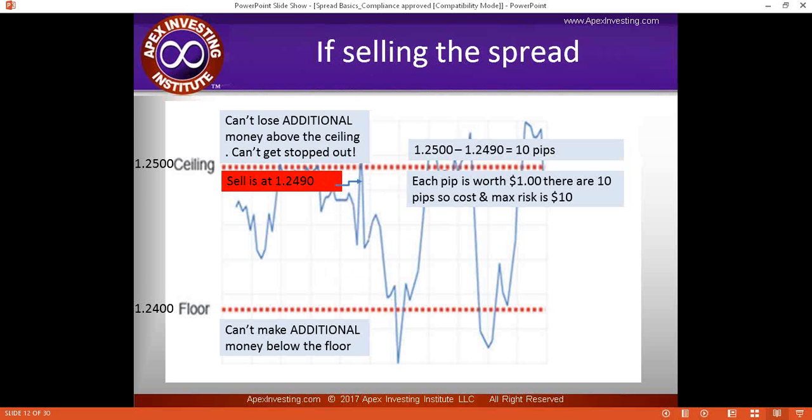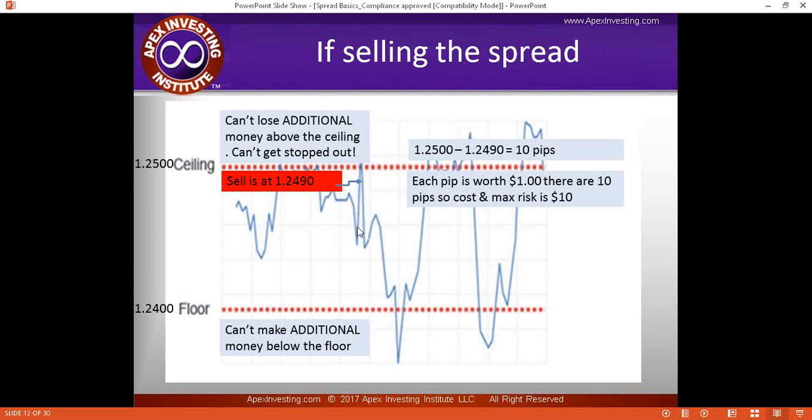So Cheryl says, I can only lose the difference between where I got in and the floor or ceiling. That's correct. If you're selling, meaning if you're selling to go down, Cheryl, then wherever you sell at, your risk is the difference of where you sell to the ceiling. So, quick example, class. Right here, this example is selling at $24.90.